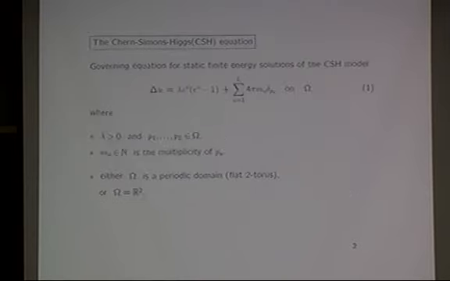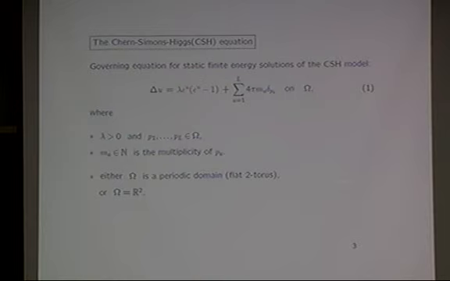Okay, let me skip some of the physical model and derivation of the elliptic equation, and let me focus on the governing equation for the static finite energy solution of the Chern-Simons-Higgs model. By static, I mean that the solution does not depend on a time variable, and it depends only on the spatial variables x1 and x2.